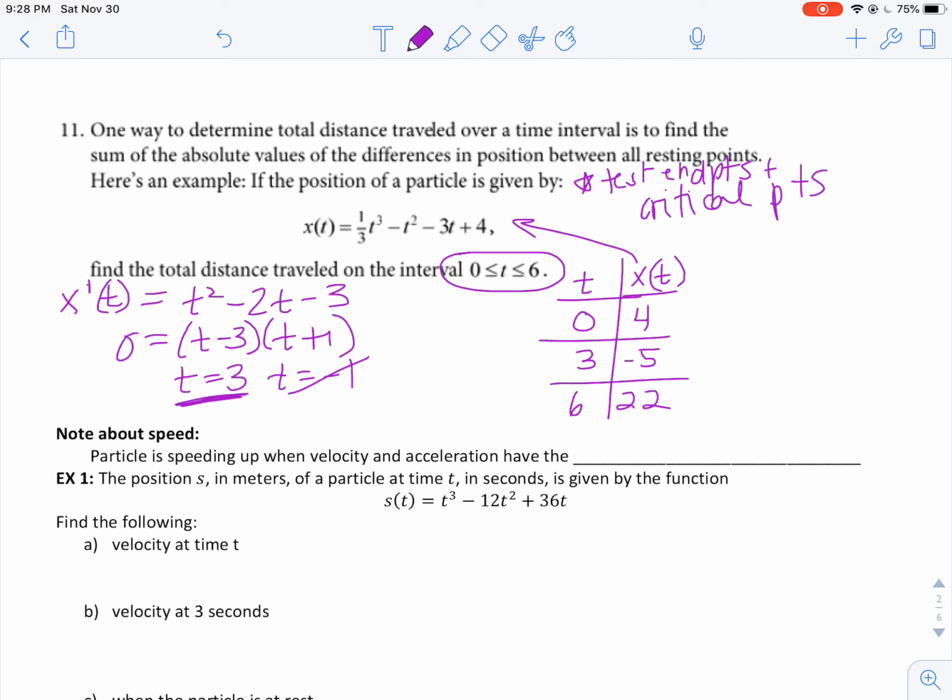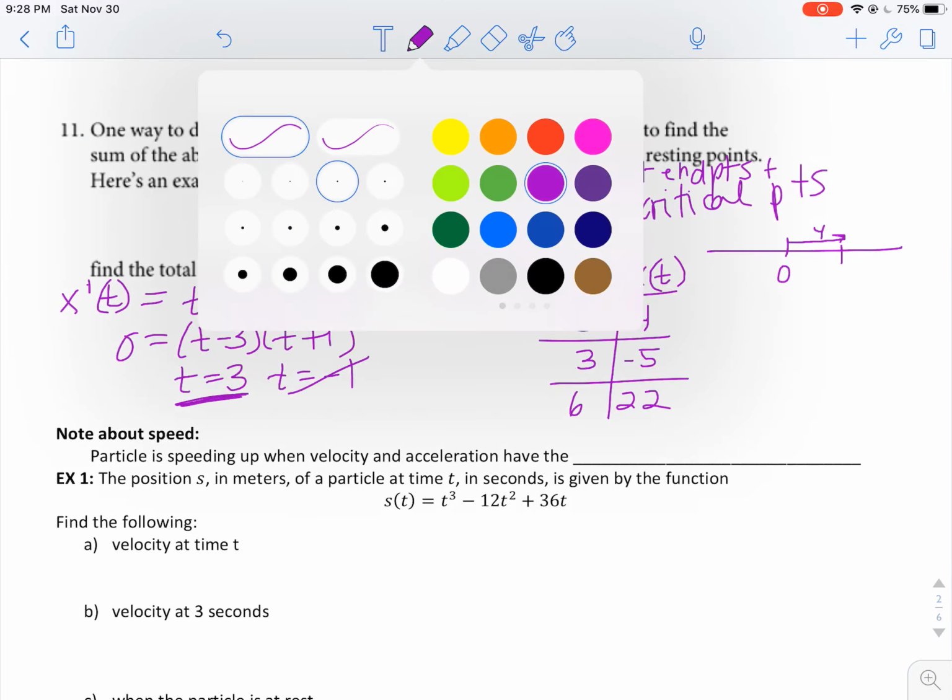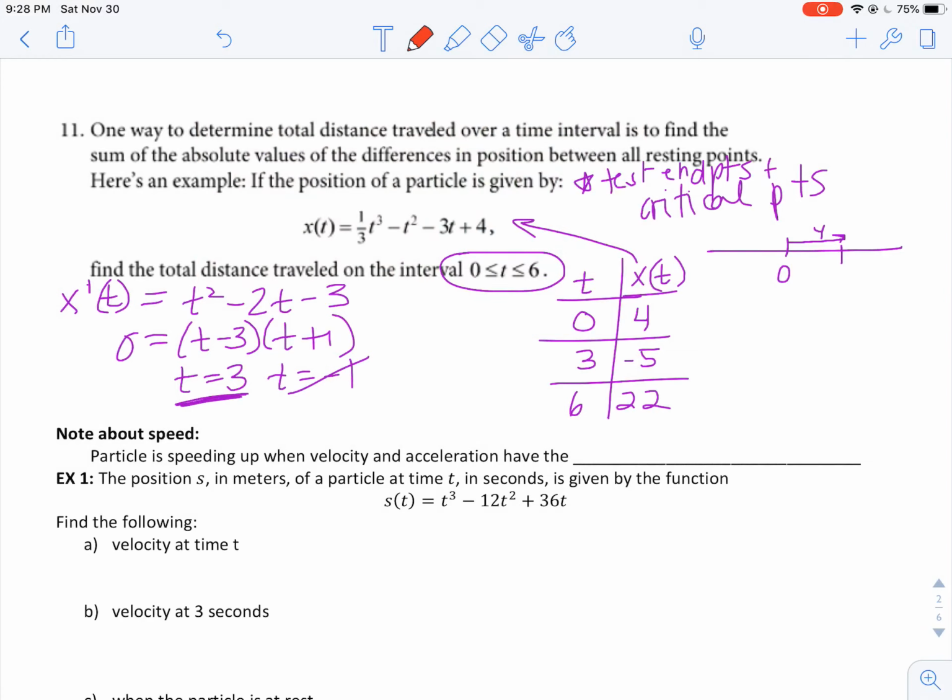All right, so going from 4, so picture the particle. Here we are at 0 seconds. He's moving, I don't know why the particle is a he, but he's moving 4 units this way.